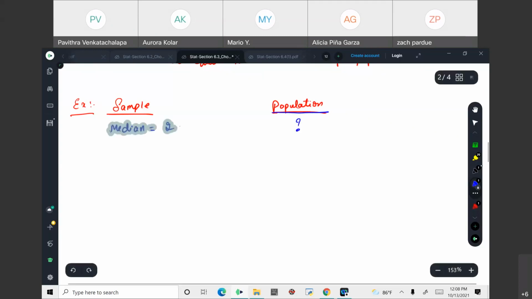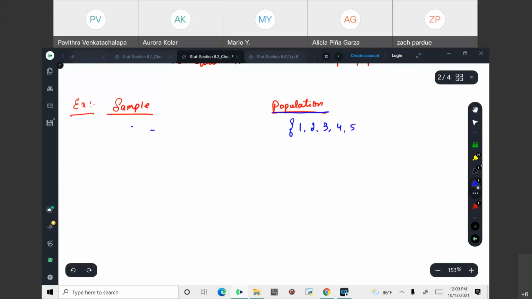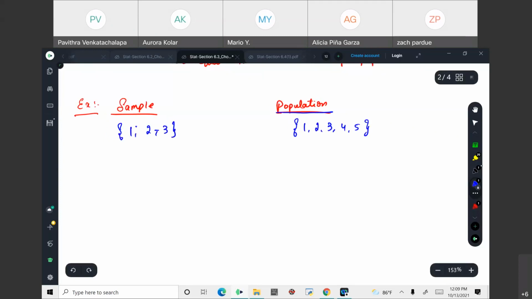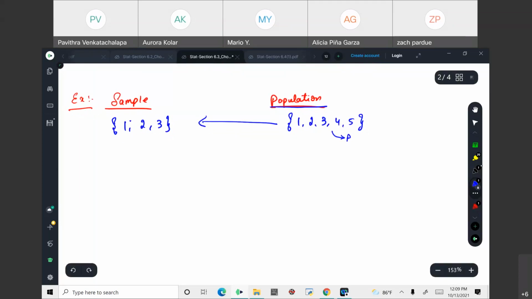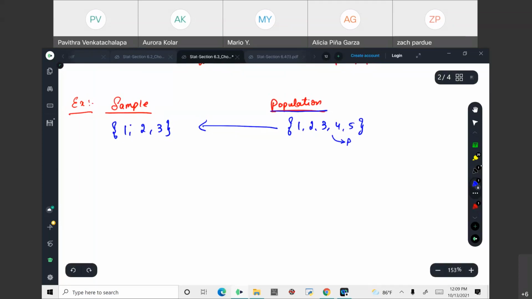For example, let me take some numbers here. Now here I'm taking 1, 2, 3. Do you agree that 1, 2, 3 is a sample? Yes, because I said this is the population, and now I'm taking a sample from the population.